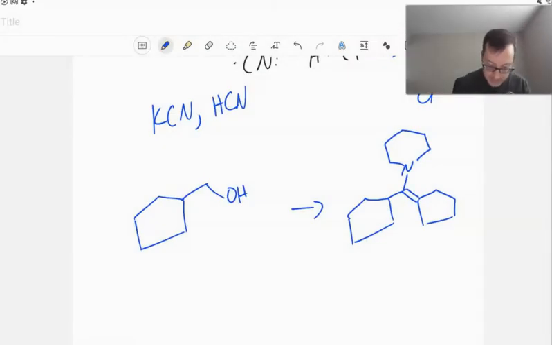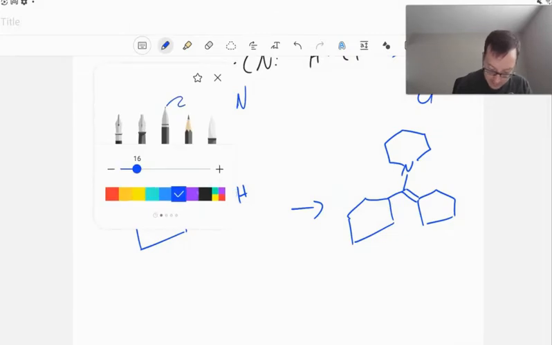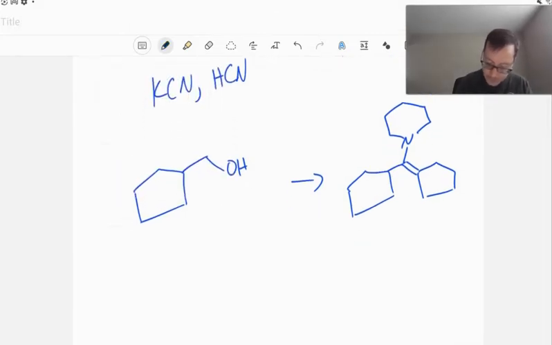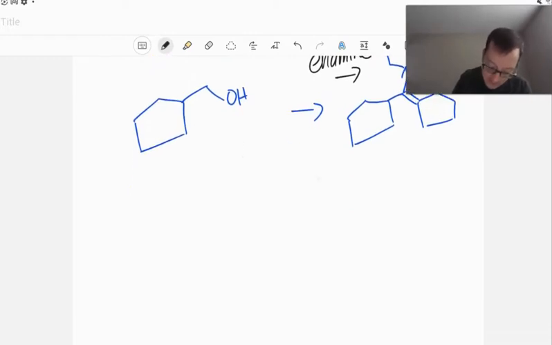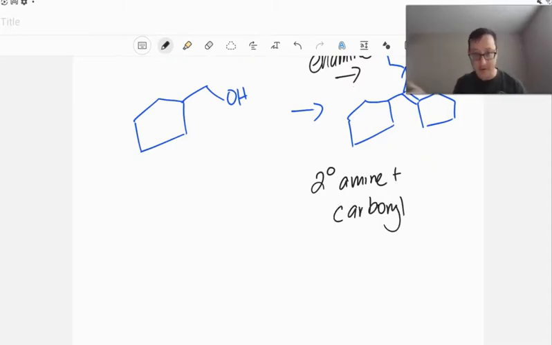So let's take a look at this. We have an enamine here, right? So synthetically, we're looking at for having an enamine, that comes from putting a secondary amine plus a carbonyl, either an aldehyde or a ketone, right?